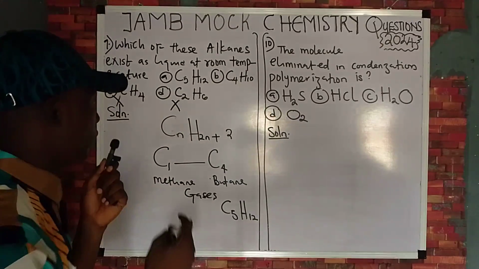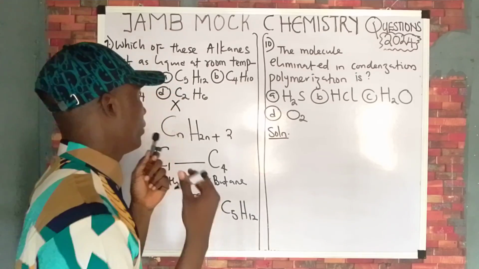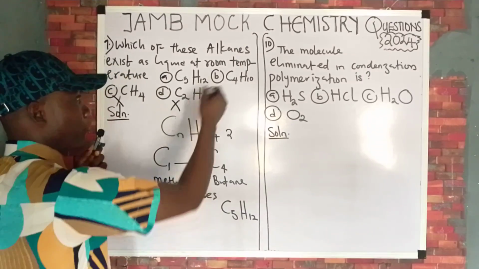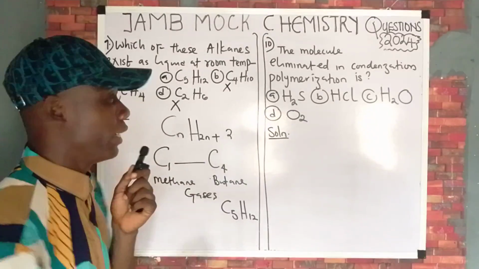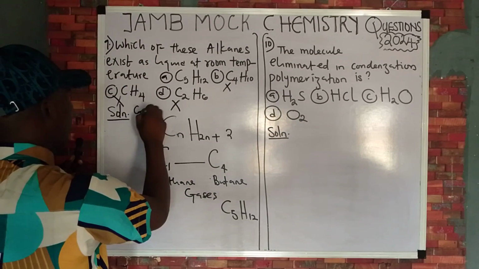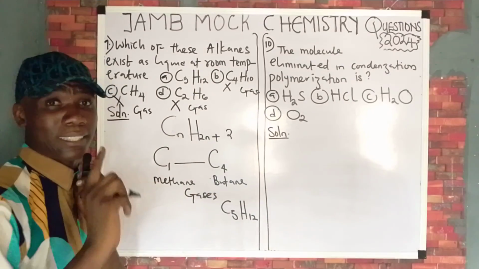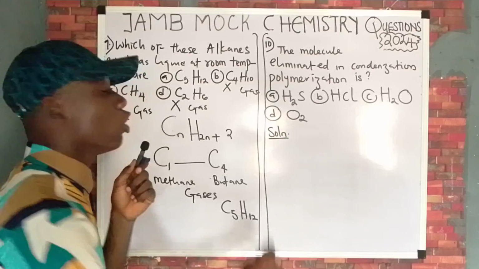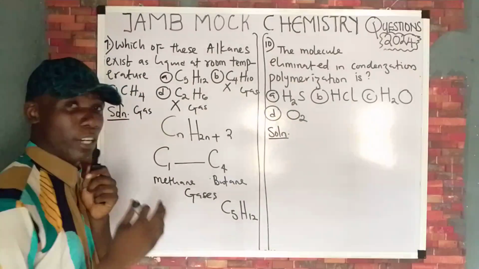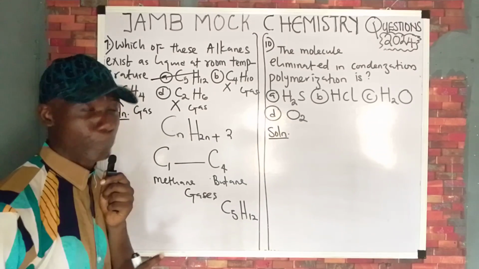The third member of alkane is called propane, which is cooking gas, and that cannot be the answer, though it's not in the options. The fourth member is called butane. That cannot be the answer because it is a gas. The first member that is a liquid at room temperature is your pentane that has 5 carbon atoms, which makes our answer to be A.